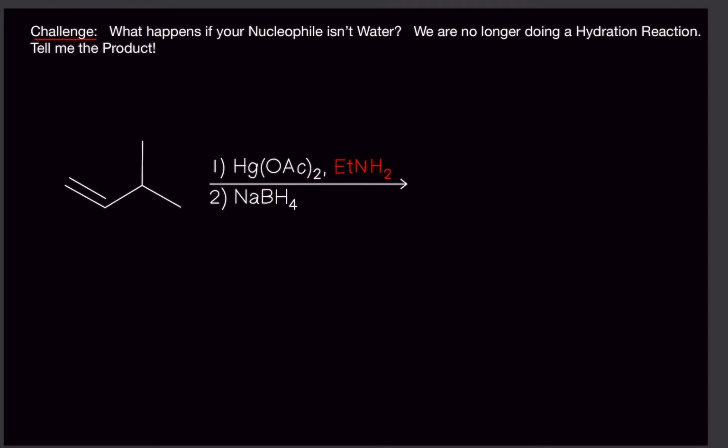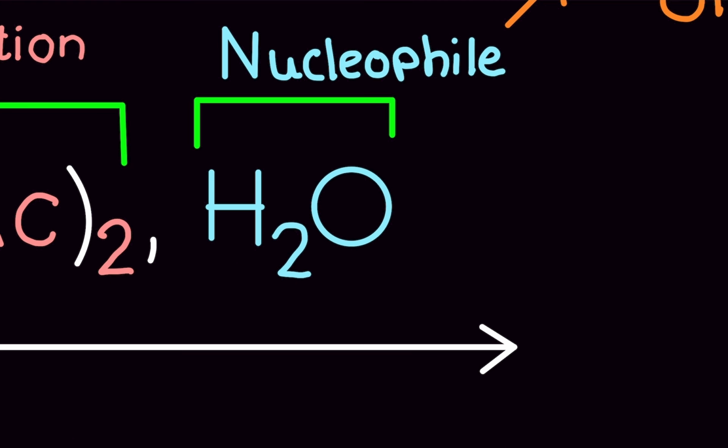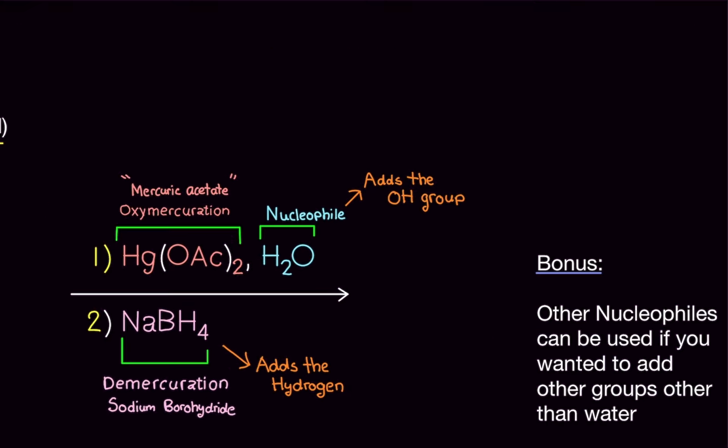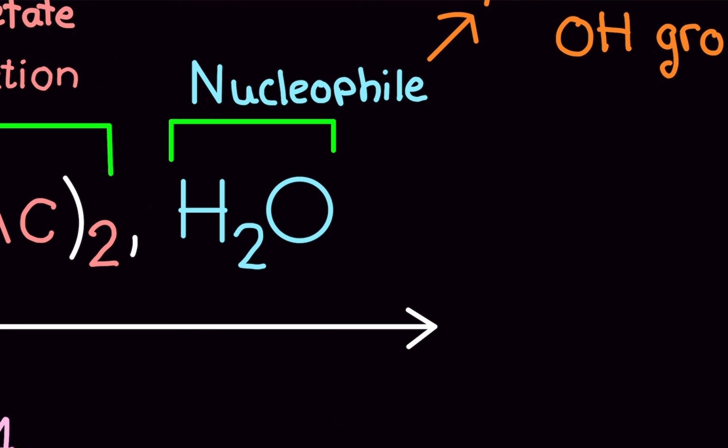When we did our reaction for oxymercuration-demercuration, we have H2O, 2 protons and 1 oxygen. But when we add it to the molecule, you're only adding 1 oxygen and 1 hydrogen from the H2O, which becomes OH. The other hydrogen is coming from sodium borohydride. So the nucleophile is only providing 1 oxygen and 1 proton.